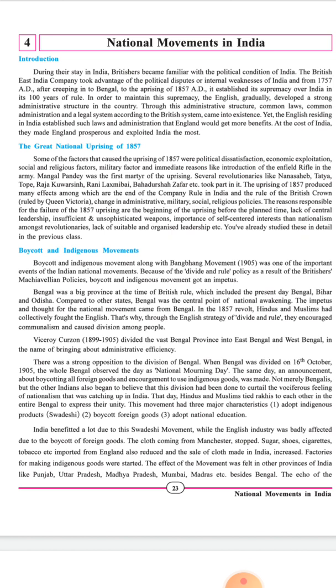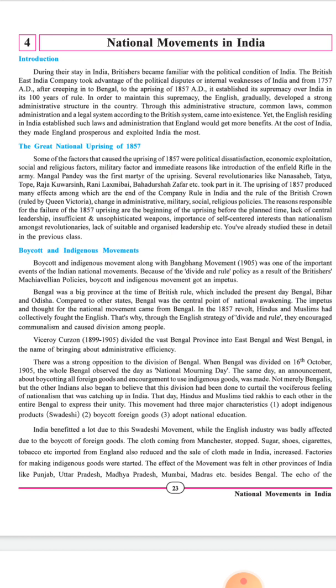During their stay in India, the Britishers became familiar with the political condition of India. They became familiar with all our political conditions. And the British East India Company took advantage of the political disputes.